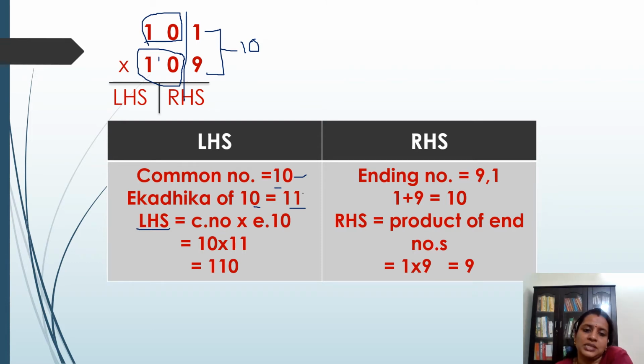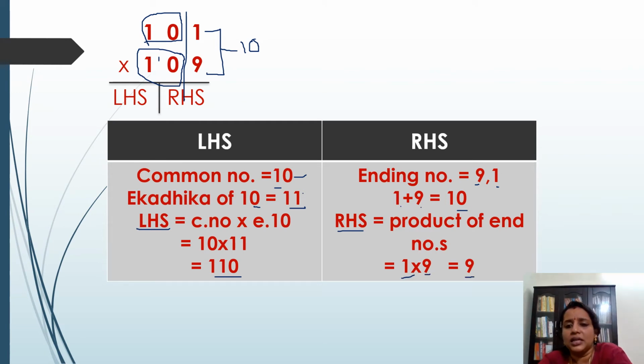The common number is 10 and ekadika is 11. So multiplying it, what I get is 10 into 11, which is equal to 110. And if we come to RHS, the ending numbers are 9 and 1. 1 plus 9 is equal to 10, so the last totaling 10 sutra is satisfied here. And so we get the RHS as 1 into 9, which is equal to 9.